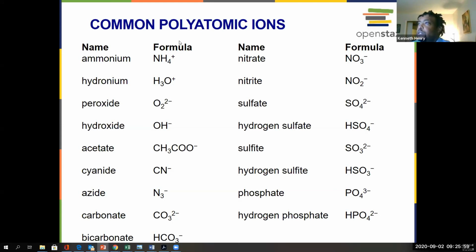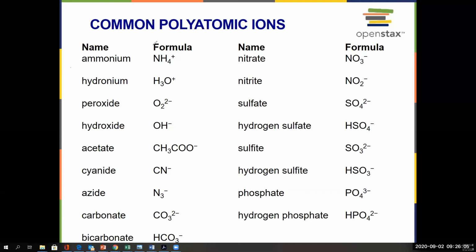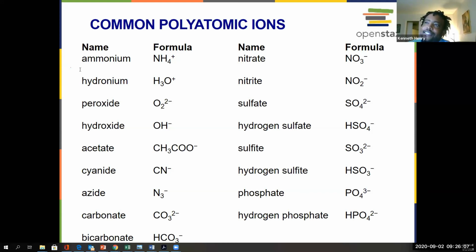Ammonium. You guys heard of ammonia, right? Yeah, that's the first one that I know. Ammonia is NH3 with no charge associated with it. Ammonium is the polyatomic ion that has that extra hydrogen.